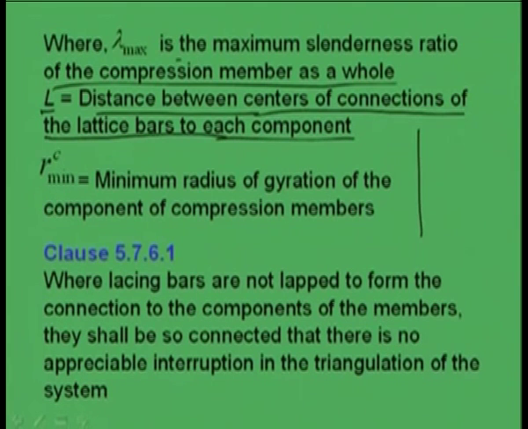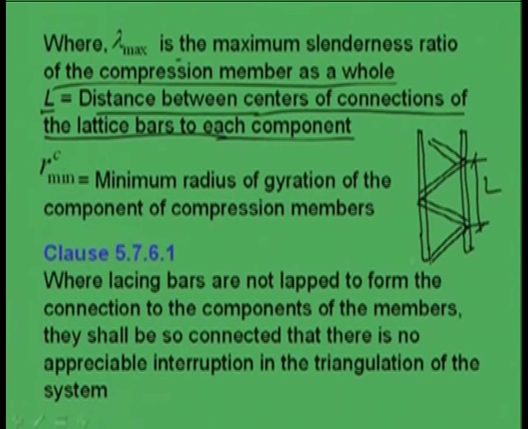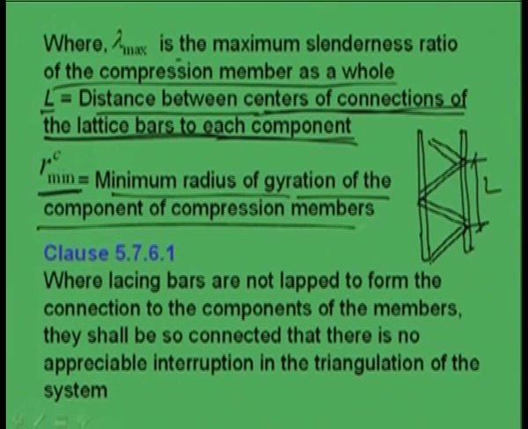That means, suppose this is a main component and this is another component which has been tied by the lacing system, then this will be L. So, L is the distance between centers of connections of the lattice bars to each component, and r_c minimum is the minimum radius of gyration of the component of the compression member.